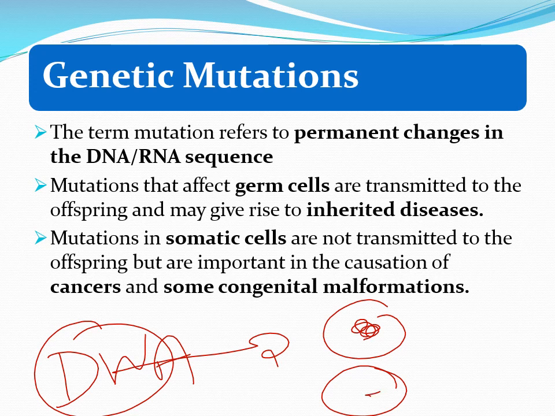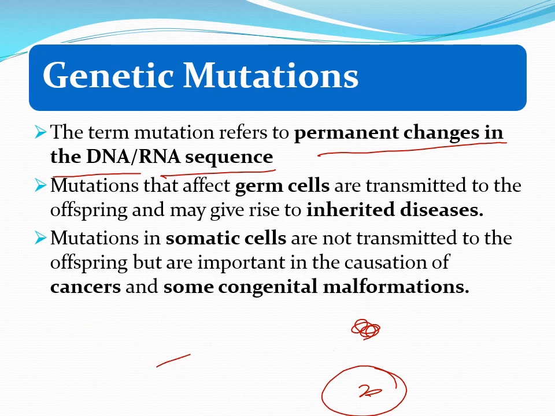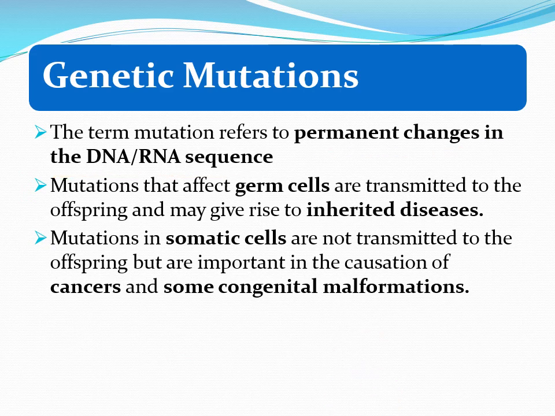That's why we say gene mutation means a permanent change of DNA or RNA sequence. There must be permanence. But when they are corrected, the mistake will not be there, and therefore we cannot say that it is a mutation. Mutation is when there is a permanent change in the DNA sequence.